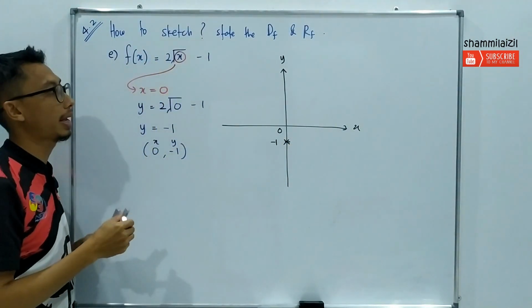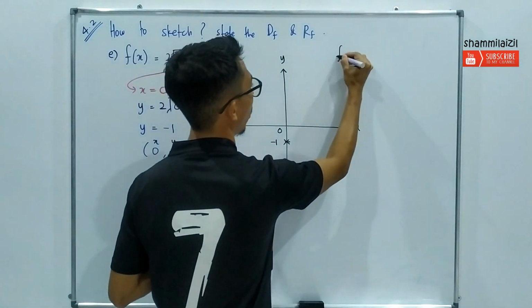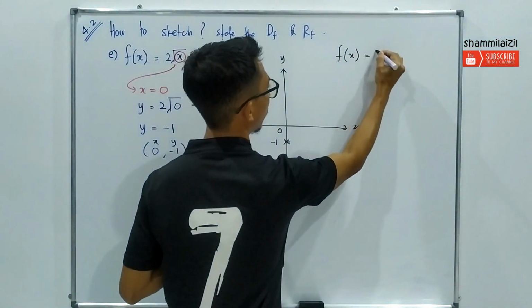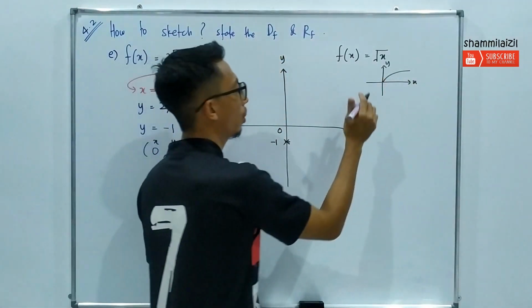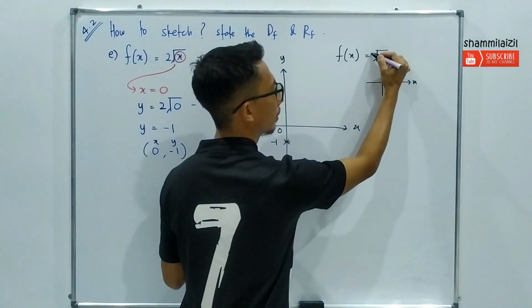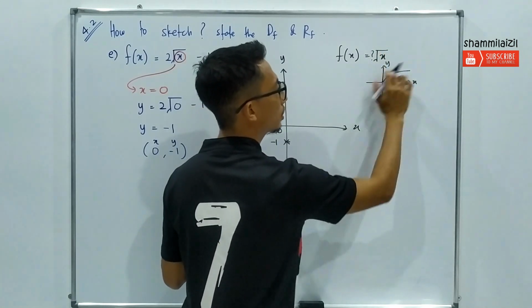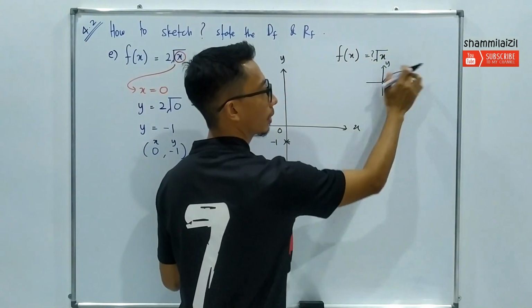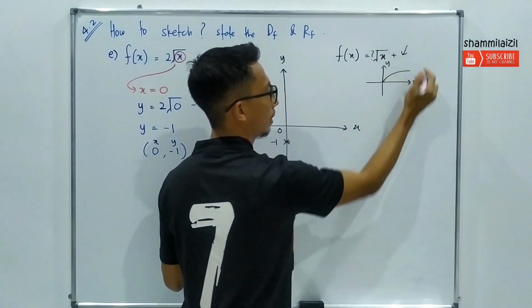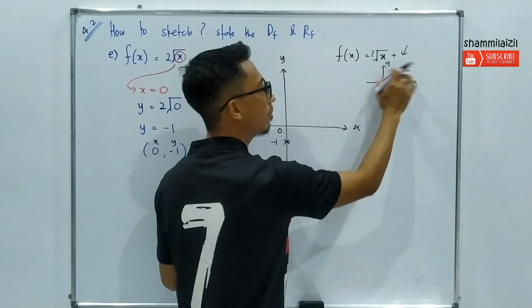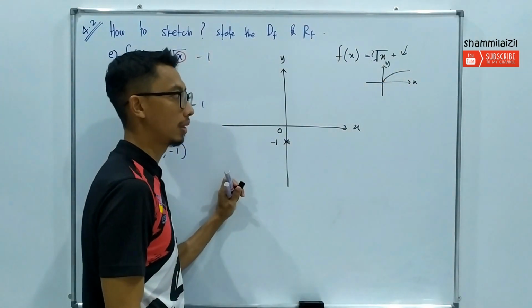So where is your graph going to be? You knew already the basic shape of the cube root, this is your graph, right? No matter what you have here, it will still be this shape. If you have another add-on at the back here, the shape is still similar.